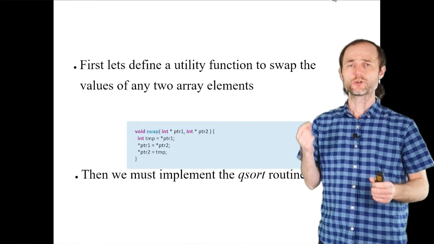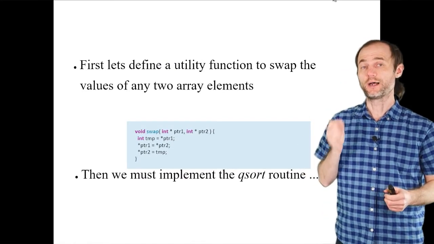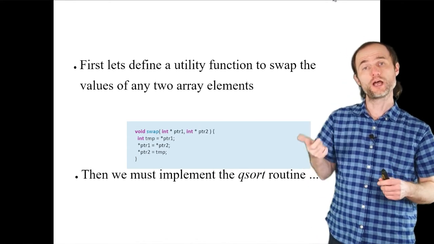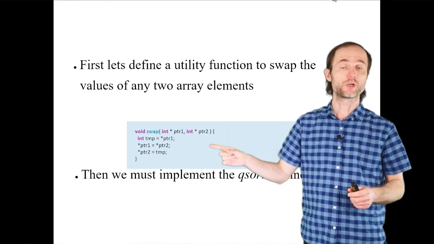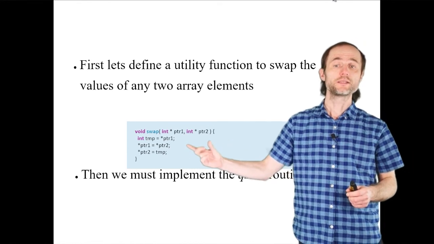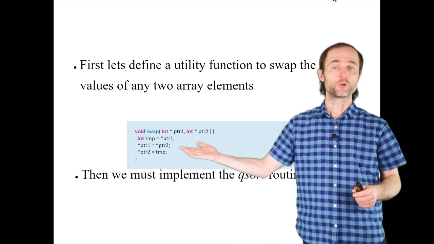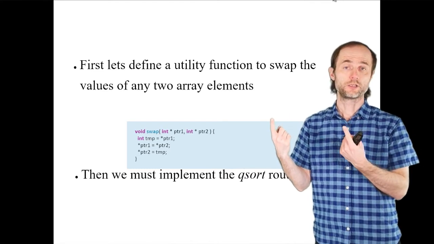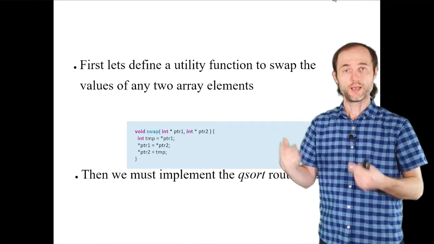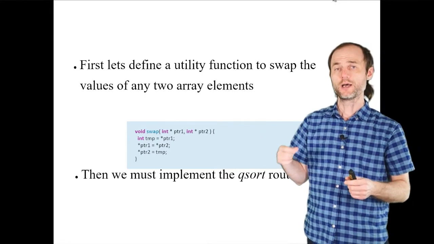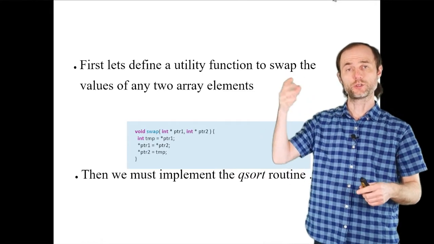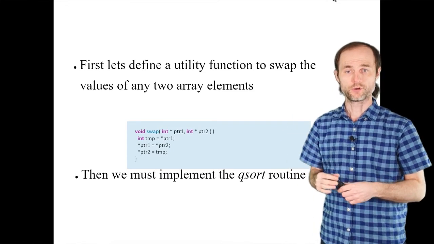So let us first introduce an important helper function that will swap two elements in an array. Not surprisingly, it's called swap, and it takes two pointers, pointer 1 and pointer 2, one to the one element and the other one to the other element that we would like to swap in memory. And the way it's done, you can't just directly swap the two elements. You need to have a third element to hold a temporary value.